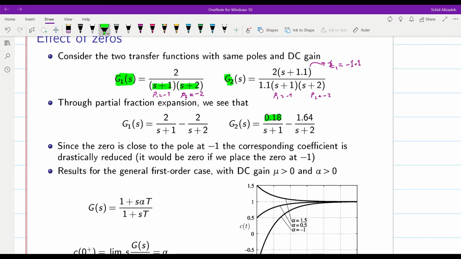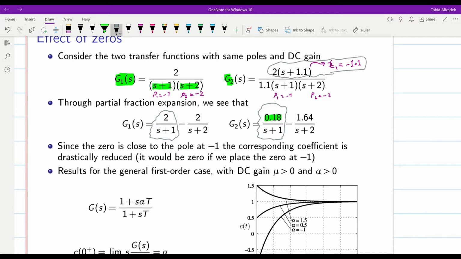And you can see that the coefficient that we have in the numerator of the part with the pole at -1 for g2 is decreased significantly. So initially it was 2, now it is 0.18, less than 10% of the original value. And that's because we have a zero which is nearby that pole.